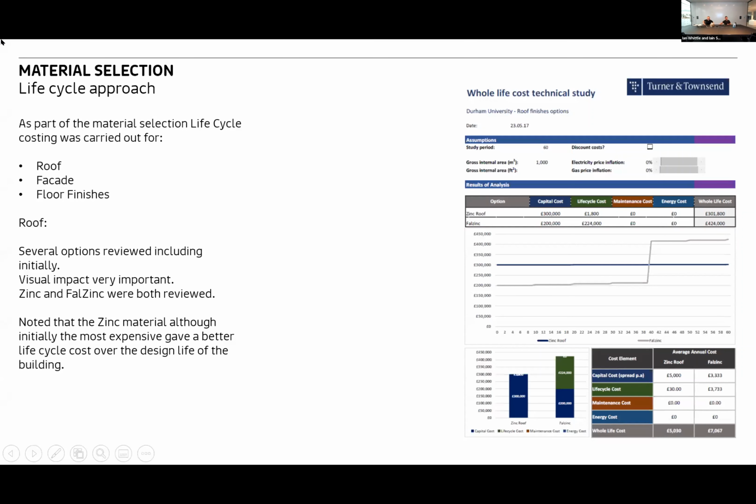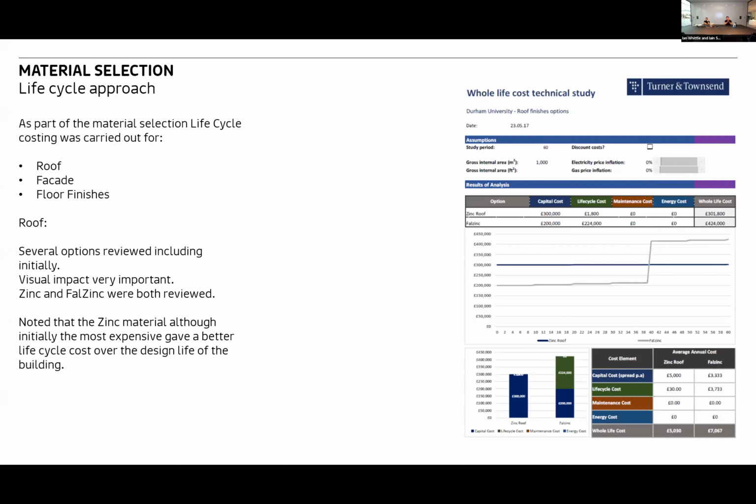process. So initially, back at stage 3, we looked at, with Turner and Townsend, all the different options for the roof, for the facade and floor finishes. And the university was very keen to look at the life cycle of the building and limit any maintenance they could. We went down several different options for roof covering, but because the visual impact was very important, it pushed us down a zinc route very early on in the process.